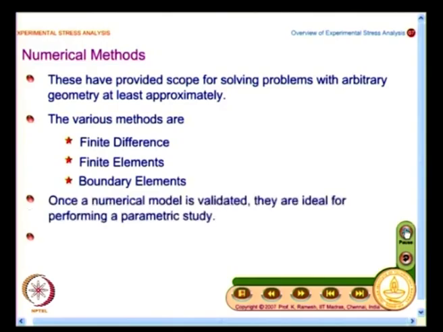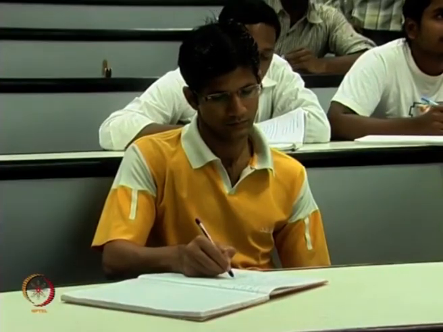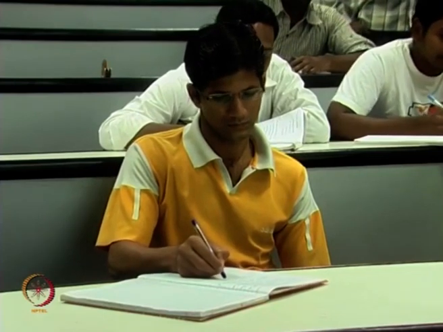And what you find is, when I am having a numerical approach to a problem, the numerical model has to be validated. Unless the numerical model is validated, if the boundary conditions are not verified, you are solving a different problem. So, for any numerical approach, you will have to validate whether the procedure is all right, but the greatest advantage of numerical method is once the procedure is validated, it is an ideal way to do a parametric analysis.